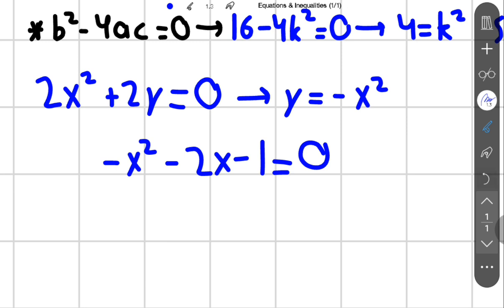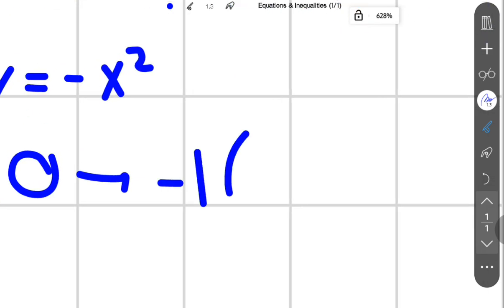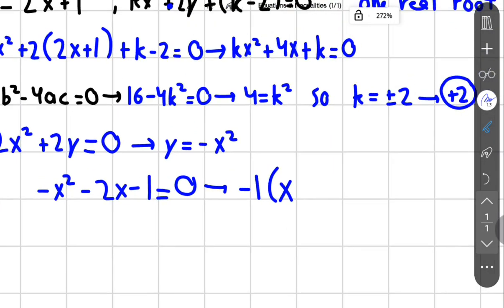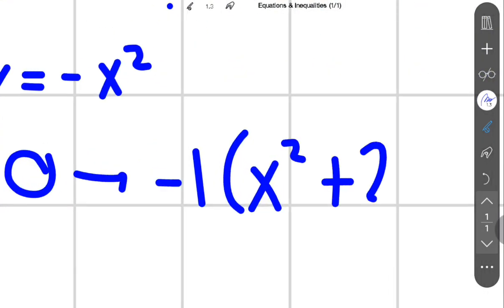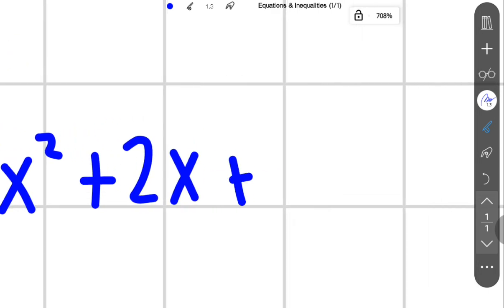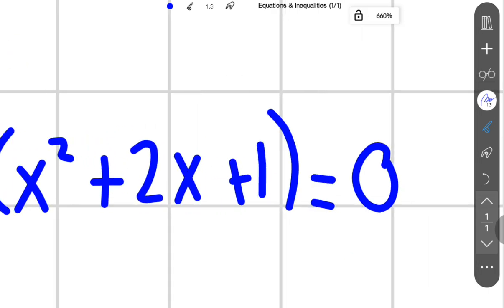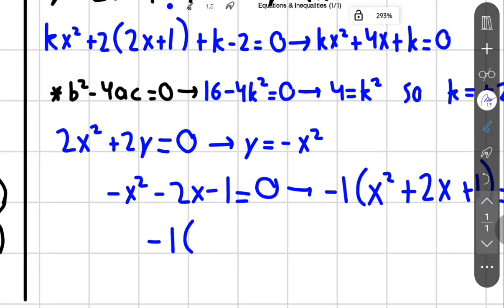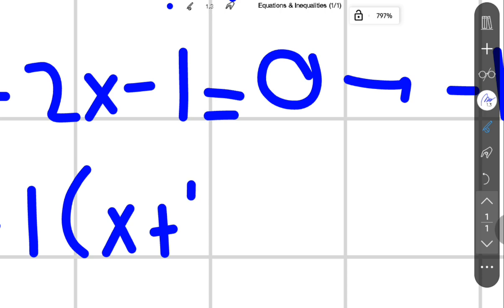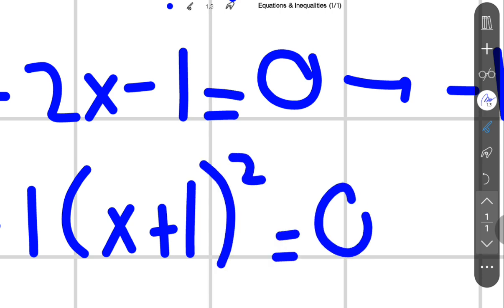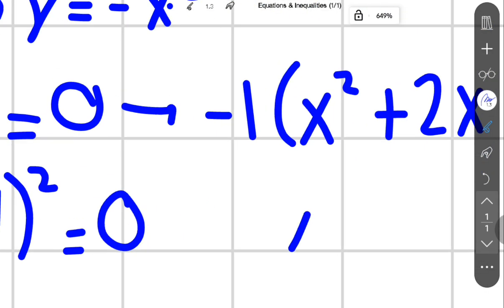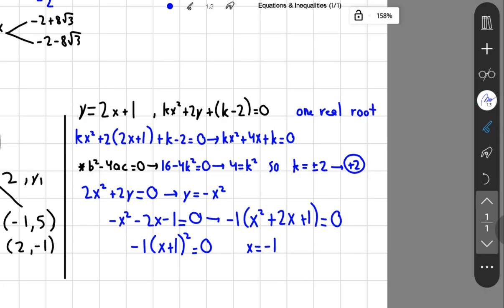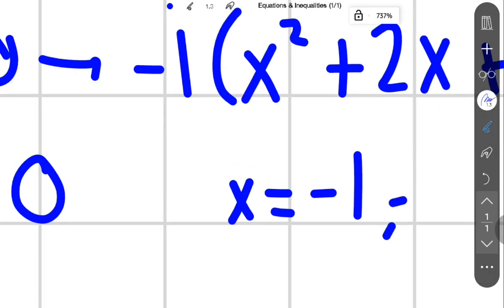If we take negative 1 common, 3x squared plus 2x plus 1 equals 0. So in the end, this is also equivalent to negative 1 times x plus 1 all squared. So the solution to this is x equals negative 1. So the turning point itself is negative 1 for the x coordinate. Because x equals negative 1 is also repeated, it doesn't really matter.